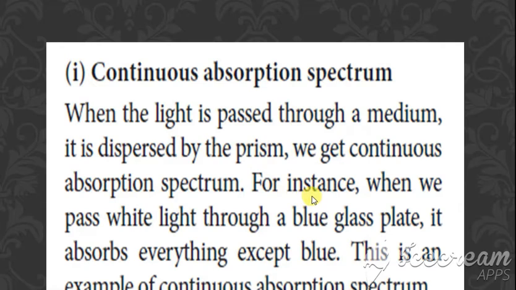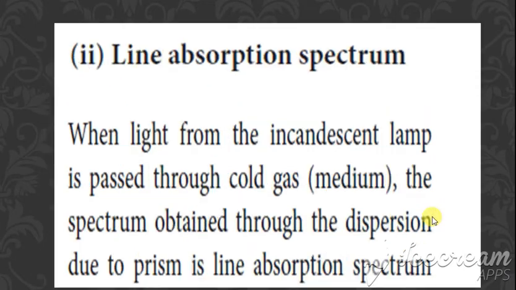Next is, for instance, when we pass a white light through a blue glass plate, it absorbs everything except blue. Clear? So next is line absorption spectrum. When the light from an incandescent lamp, so we take an incandescent lamp, is passed through a cold gas. Okay, so the medium which you are considering here is what? Cold gas.